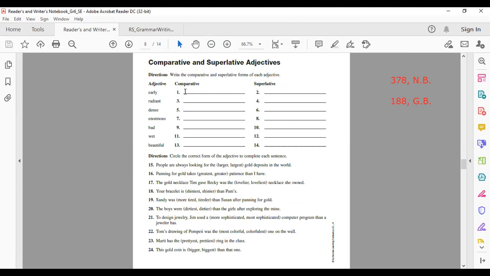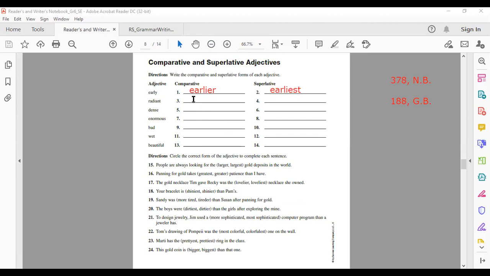We have early. I want to make it comparative. What should I add? Earlier. Very good. And I will change the Y to what? IER. Excellent job. Make it superlative. Earliest. Excellent job.